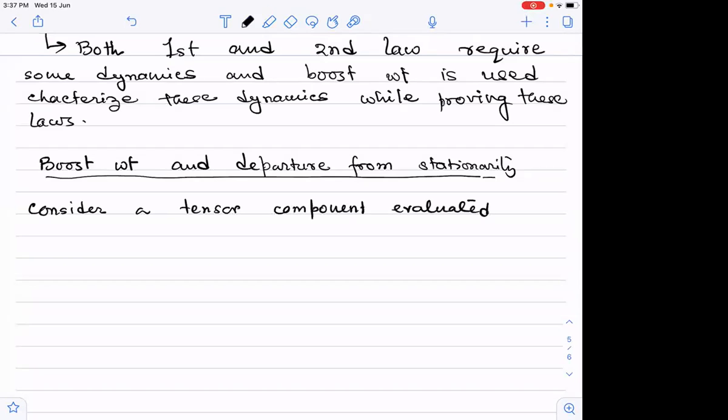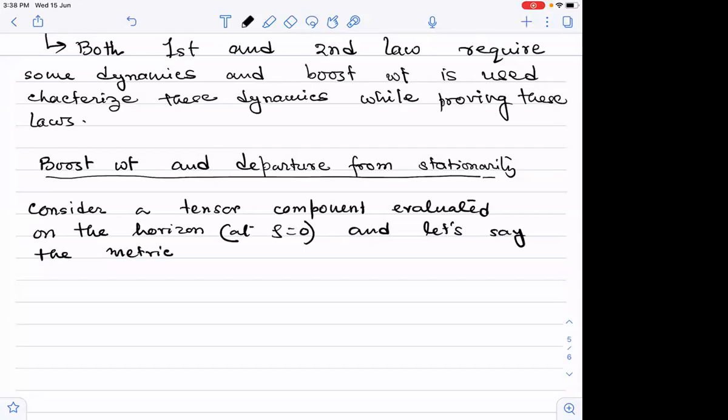Evaluate it on the horizon, which is at rho equal to 0. And let's say the metric is not stationary.